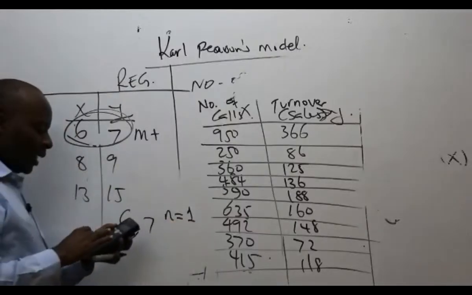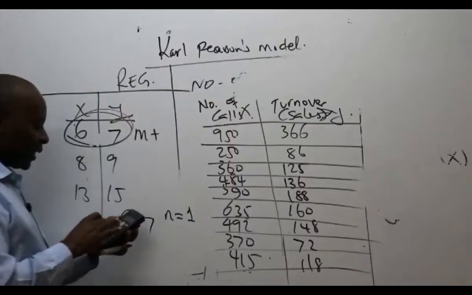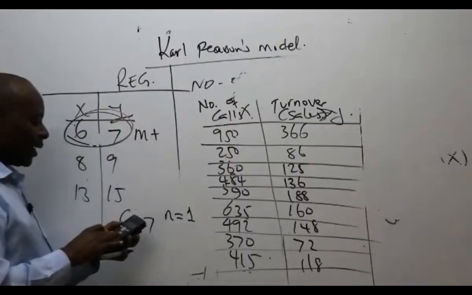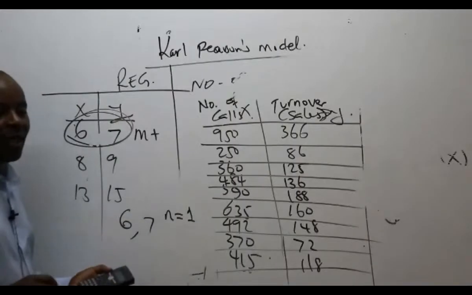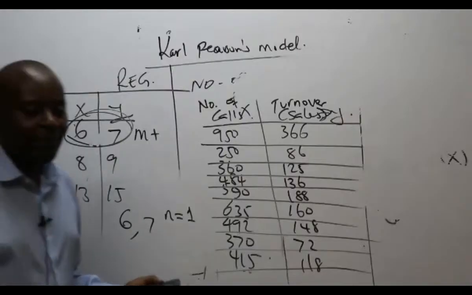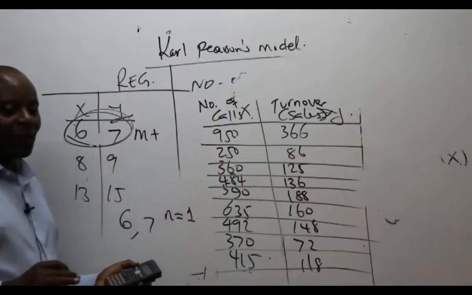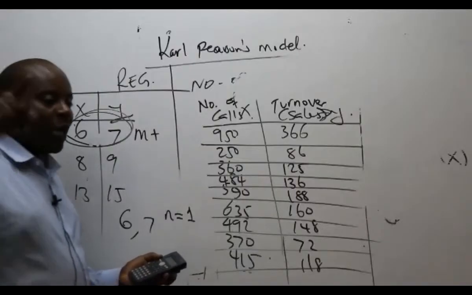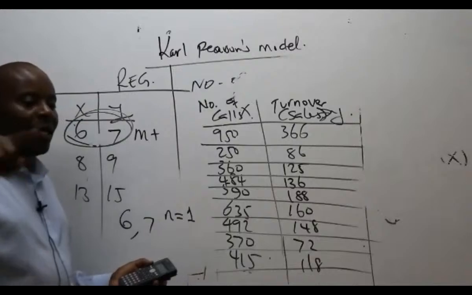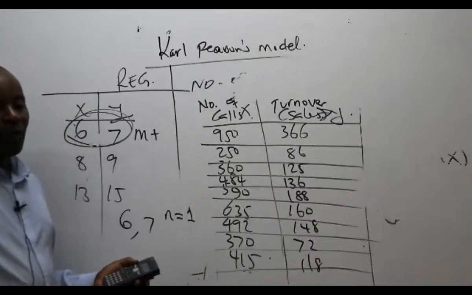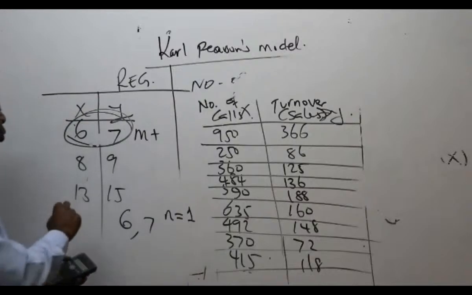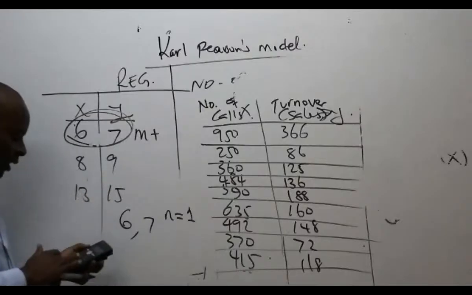So you will say 8,9, then M plus. Is there somebody who has been told that this time round N equals 2? Thank you very much, Maureen. So we got the last one, which is 13,15.